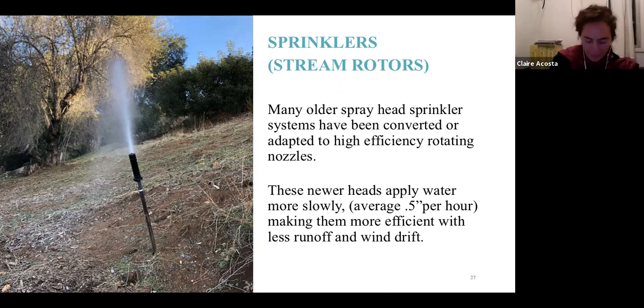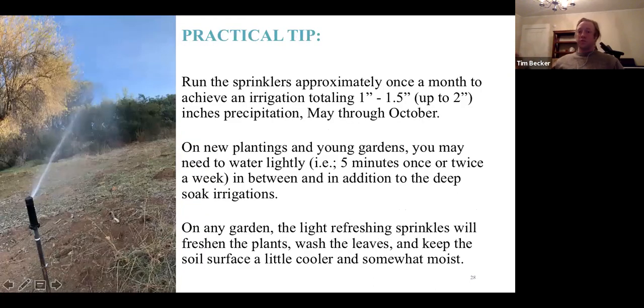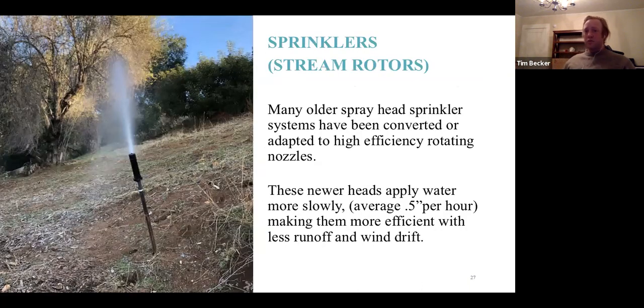And a lot of that also has to do with droplet size. A lot of the newer technology has a bigger water droplet, so it's less prone to evaporation. And we might get into this, but with some standard sprinkler nozzles, only 60% of the water output actually gets to the soil, whereas some of the higher efficiency nozzles, which put out a larger water droplet, are more in the range of 75%.